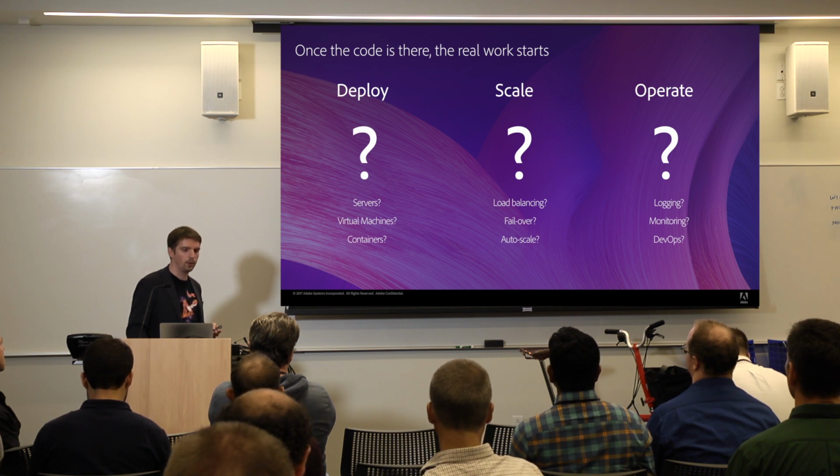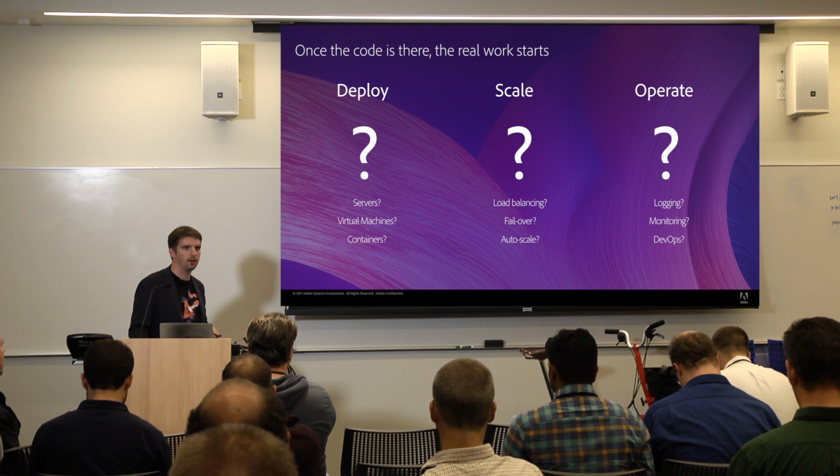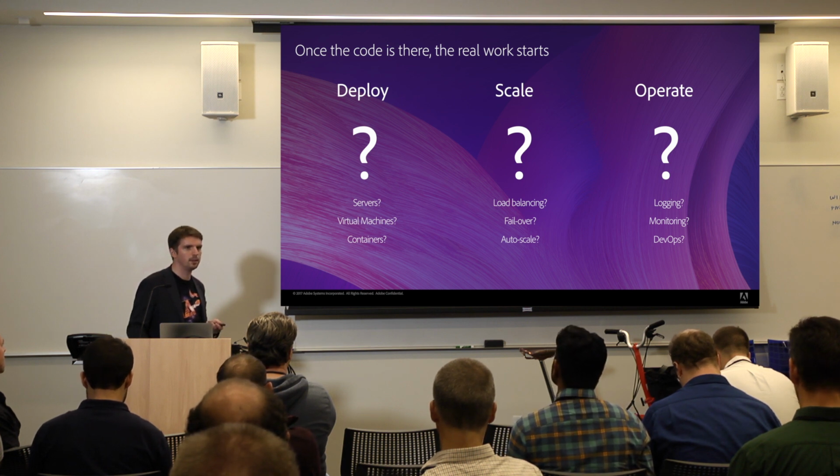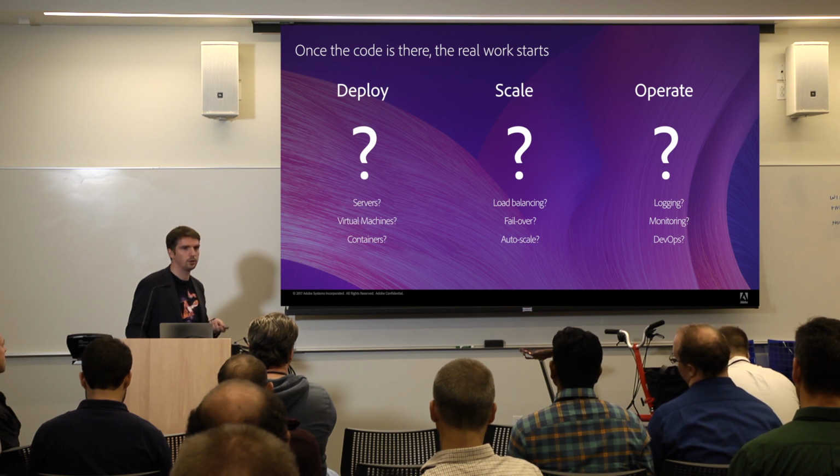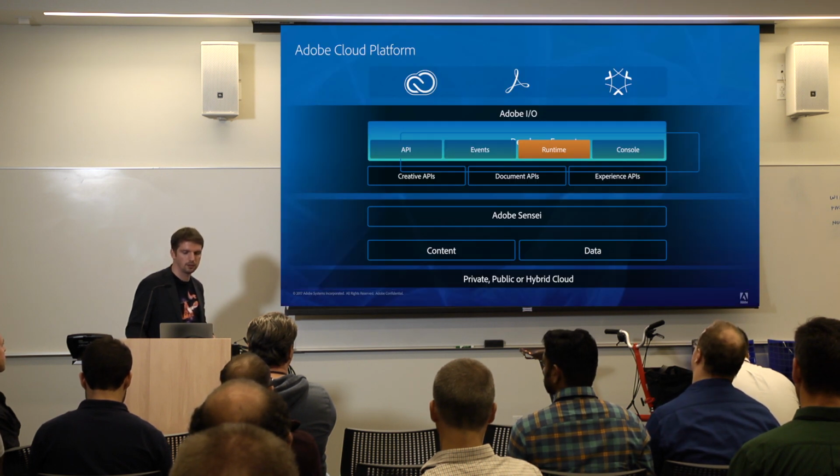So we all know once the code has been written, the real work starts, and that's the kind of work that we typically like to offload to operations people. So for things that are really lightweight, right, like handling an event or tying two API requests together, you want to have something that is a bit more lightweight than a full-blown server to run a microservice.